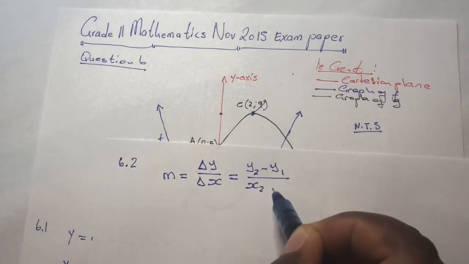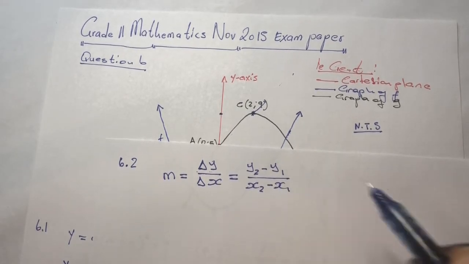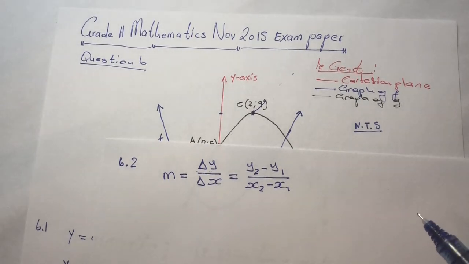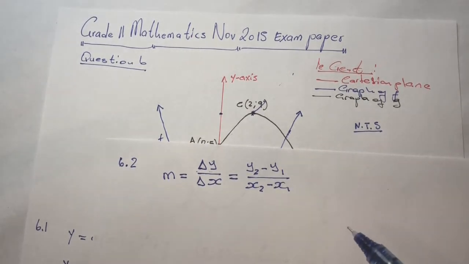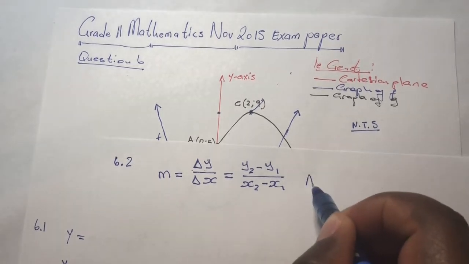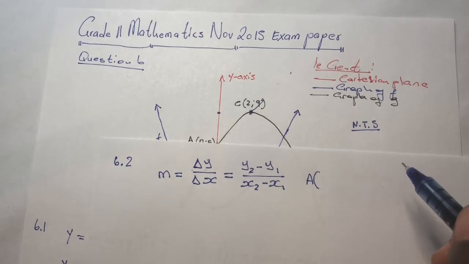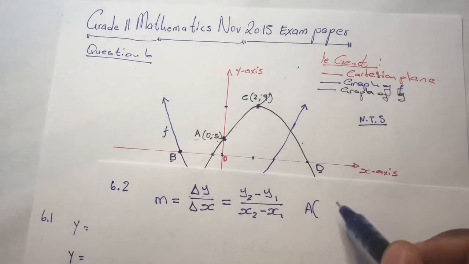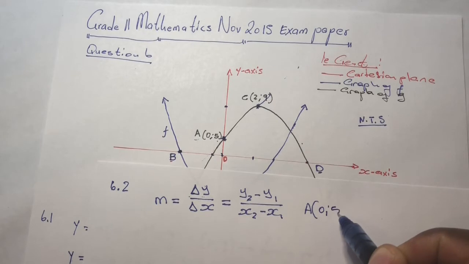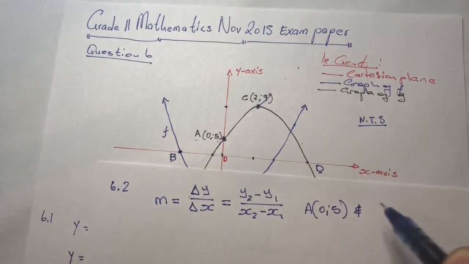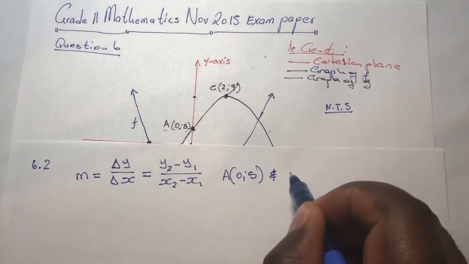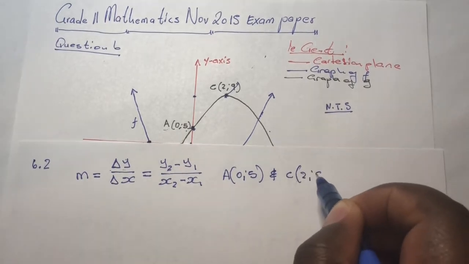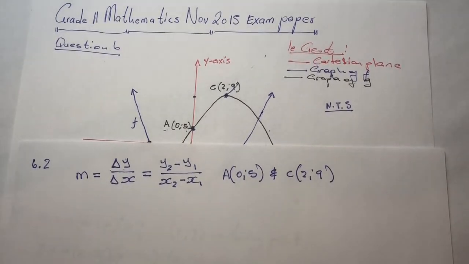So it means it's x2 minus x1. So from this formula, you also realize that you'll need 2 coordinates to be able to calculate the gradient. So we are given the coordinates of A, which is 0 and 5. We also have the coordinates of C, which is 2 and 9.